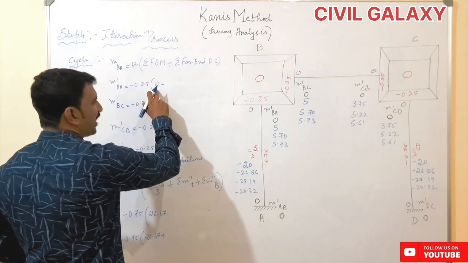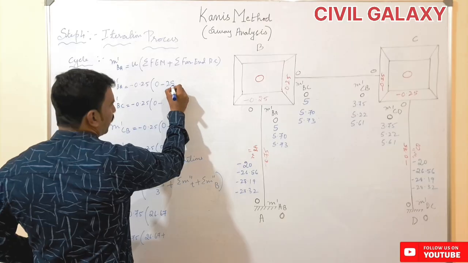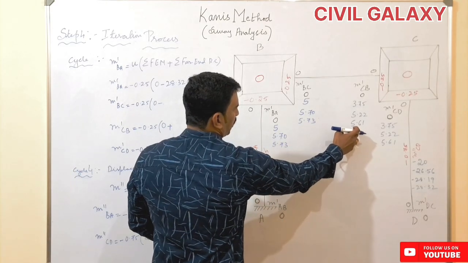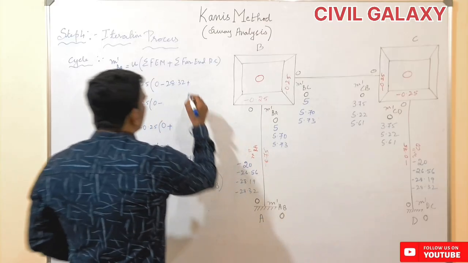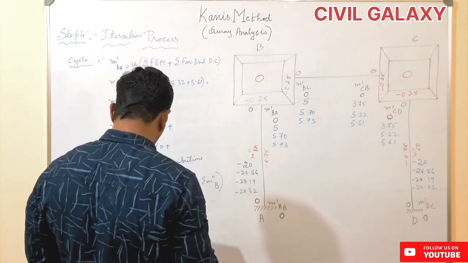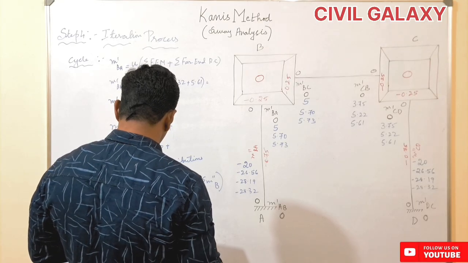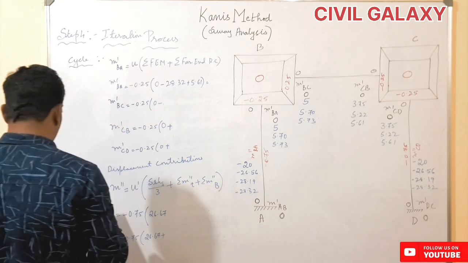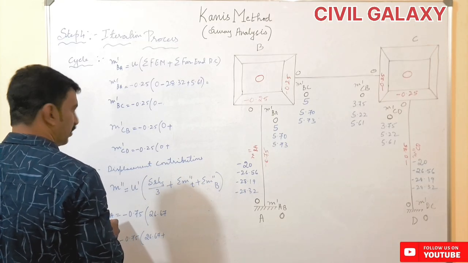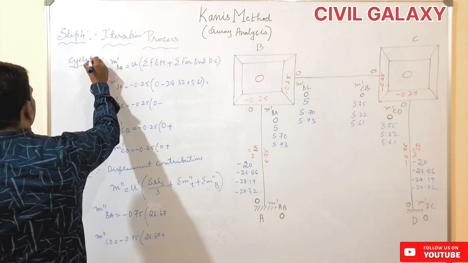See here. So this is m dash BA. About m dash BA, the new value here is minus 28.32 plus m dash CB, the far end rotation contribution here, which should be equal to plus 5.61. So this is probably the fifth cycle here.